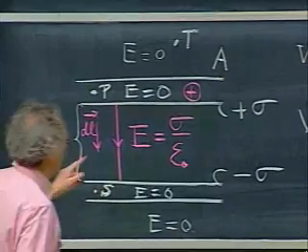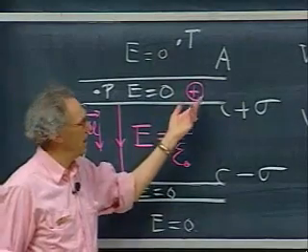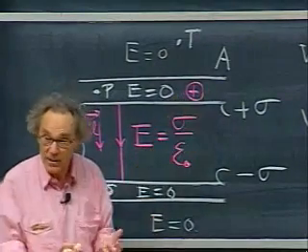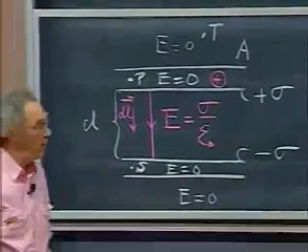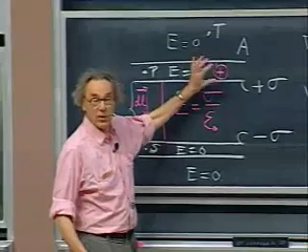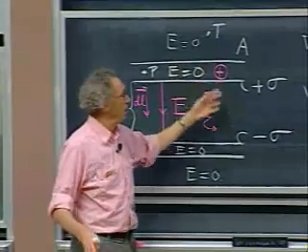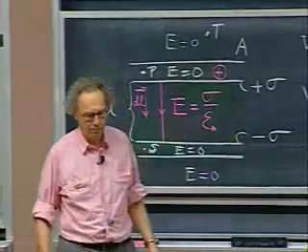Gauss' law will tell me then that the closed surface integral of E dot dA is not zero because there is charge inside. But we know that the electric field must be zero everywhere, zero in the conductor, so the closed surface integral must be zero. So there cannot be any charge there. Simple argument.